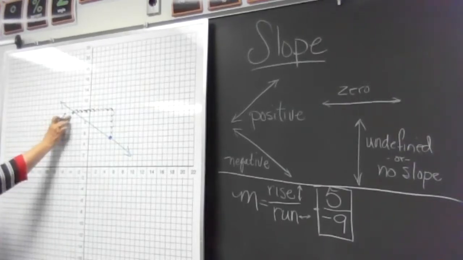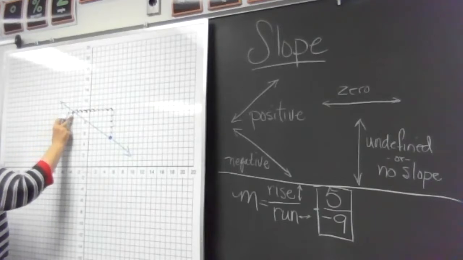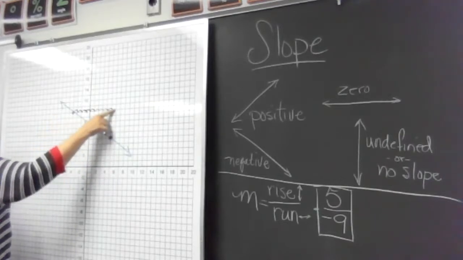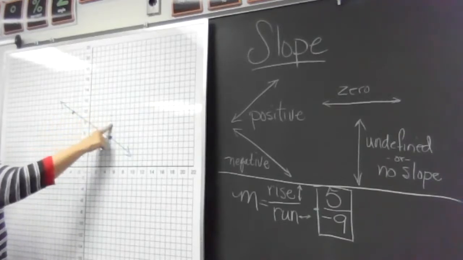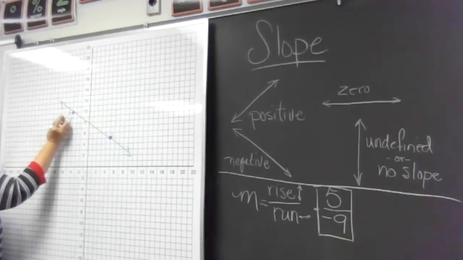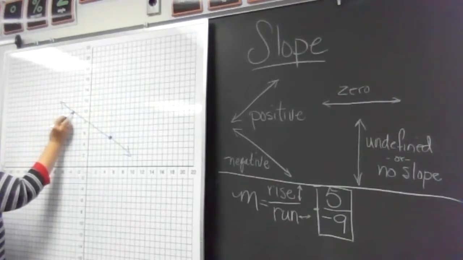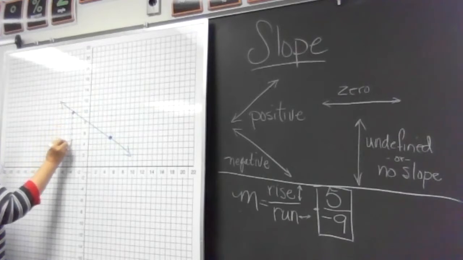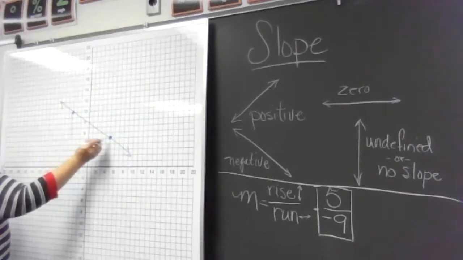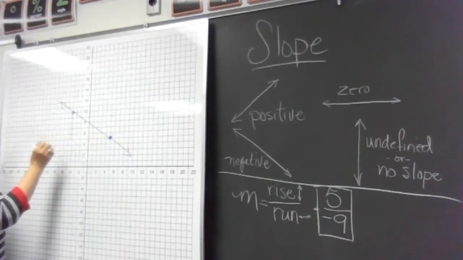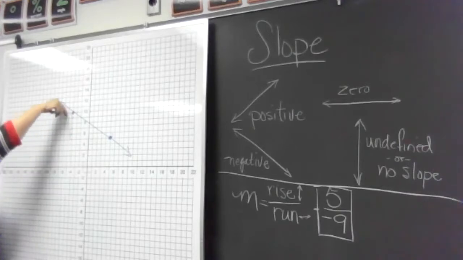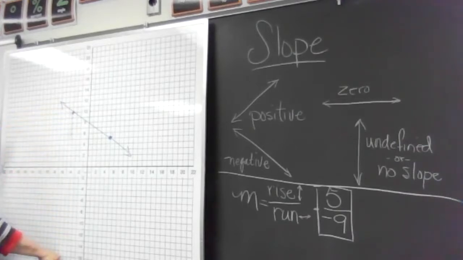Let's start with this one as my house. And I'm going to go to my friend's house. So I'm going to start out walking out my front door and go 1, 2, 3, 4, 5 before I get ready to turn to go to her house. But if you notice, this time I went in a negative direction.